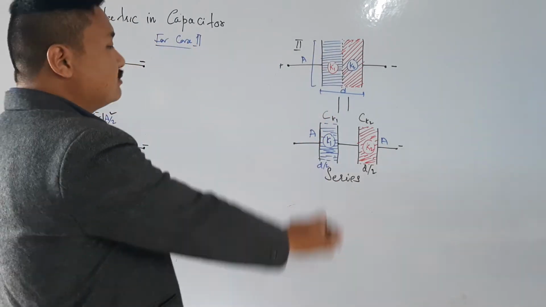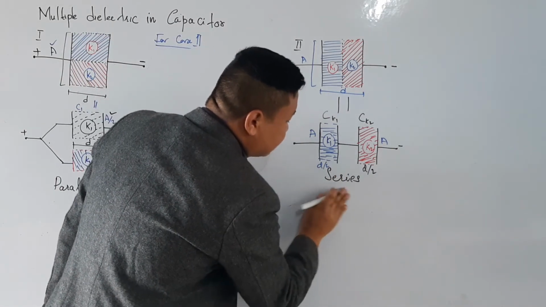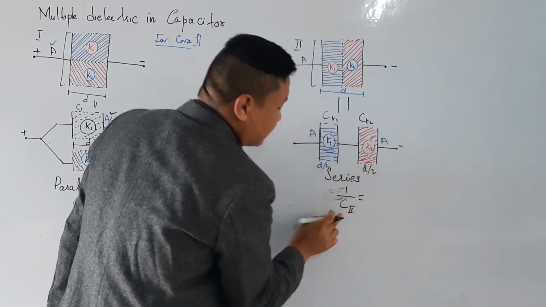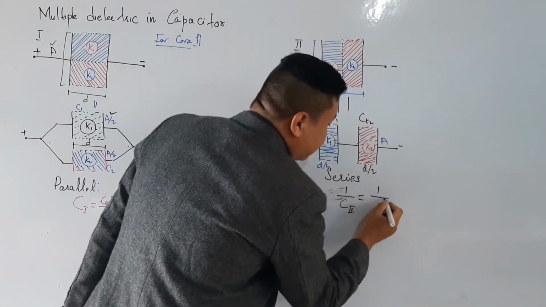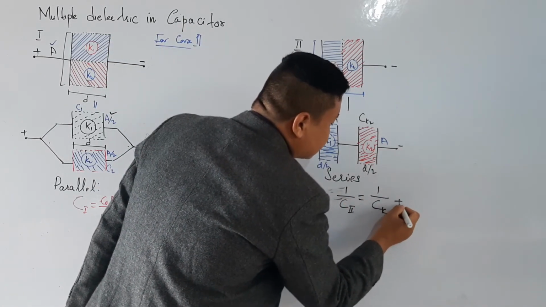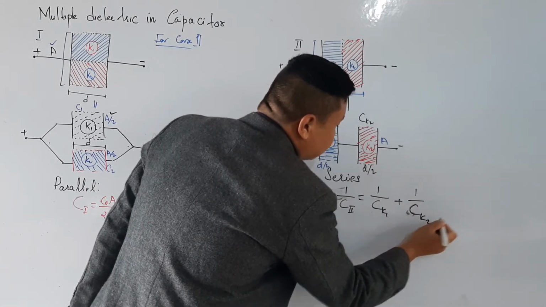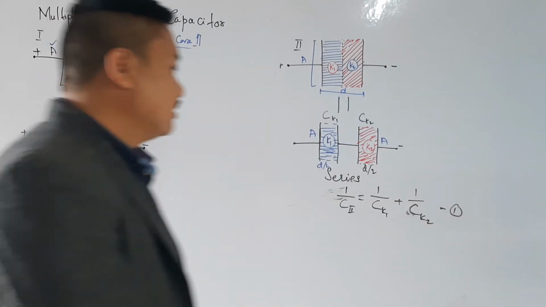So this is now in series. Now in series, the net capacitance, I am writing C2 because this is for case 2, will be 1 by Ck1 plus 1 by Ck2. So this is my equation number 1.